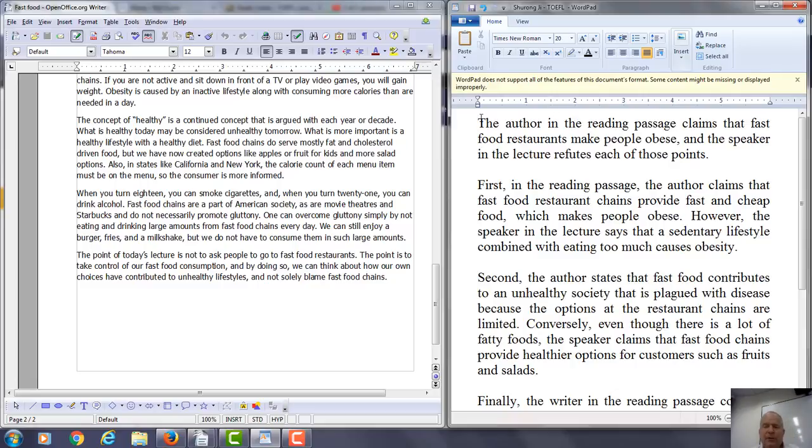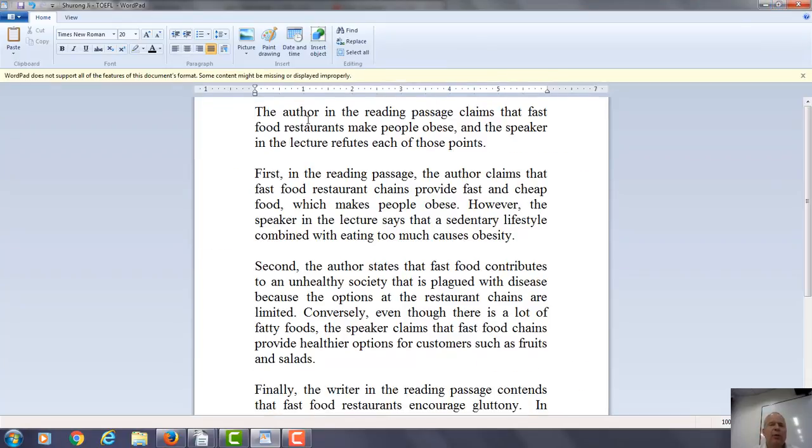All right? So the author in the reading passage claims that fast food restaurants make people obese, and the speaker in the lecture refutes each of those points. First, in the reading passage, the author claims that fast food restaurant chains provide fast and cheap food, which makes people obese.